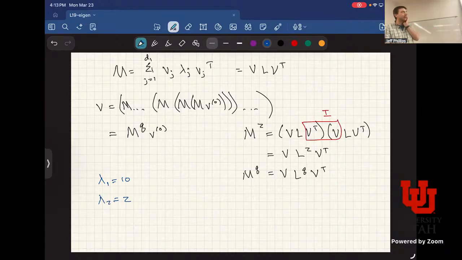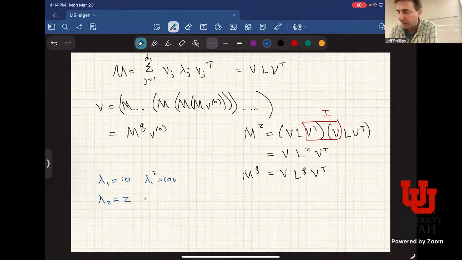What happens when I take these to the third power? Lambda 1 squared equals 100 and lambda 2 squared equals 4. Lambda 1 cubed equals 1,000. Lambda 2 cubed equals 8.